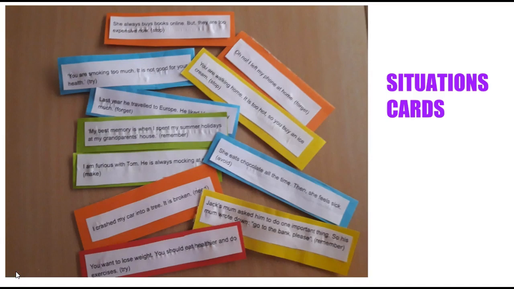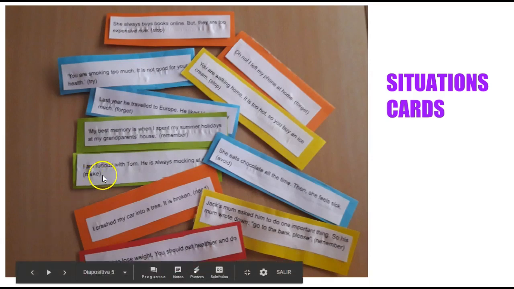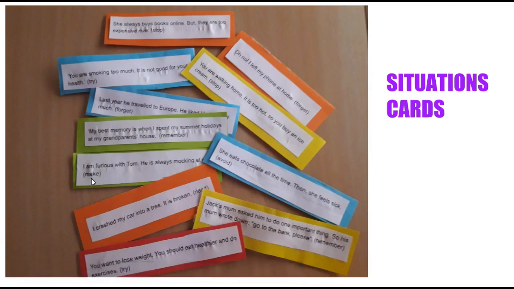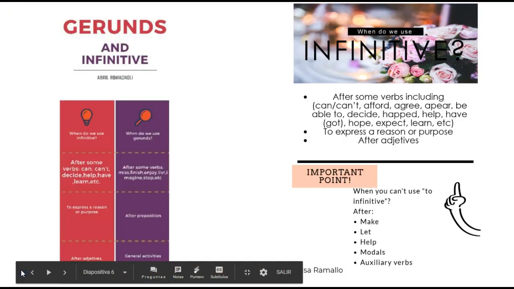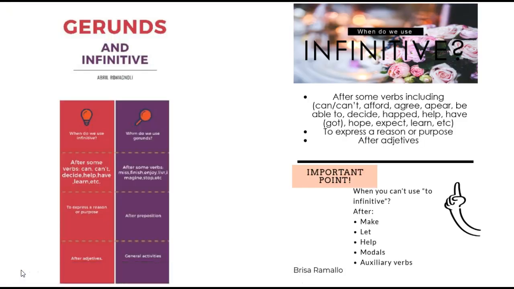These are some of the situation cards I made. The students had to use the verb between brackets to rephrase the situations they had on the card. And these are two examples of the infographics my students created with the information they had learned.